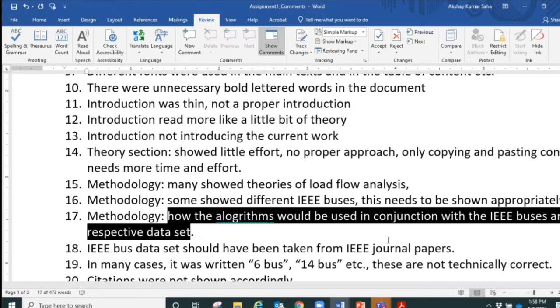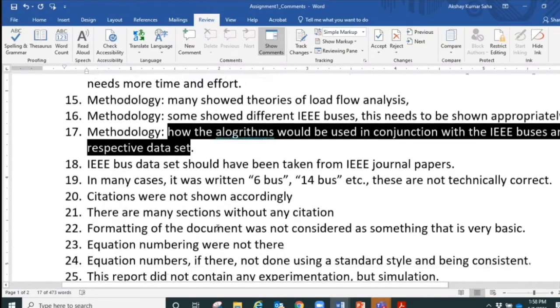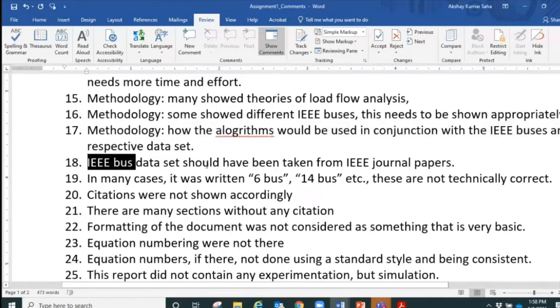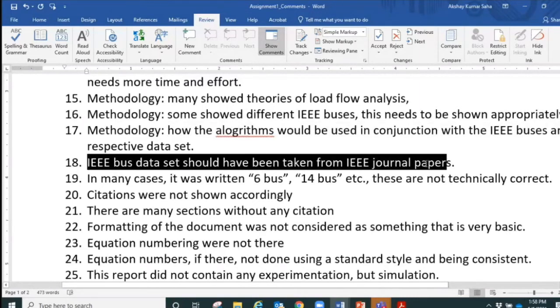Many did not even bother showing the data set. The methodology and theory sections were absolutely a bit of a disaster. And many didn't show where the IEEE bus data were taken from. It should have been taken from IEEE journal papers, not from websites and such. That is also one of the biggest concerns.